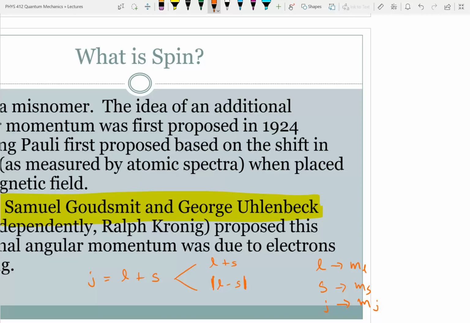Somebody says, well, you take quantum mechanics, you understand how angular momentum works. You have J and you have M sub J, and you'd be like, no, the M sub J is talking about the orientation of the total angular momentum that's calculated by taking L plus S. And those Clebsch-Gordan coefficients, it works the same whether you're doing L's, S's, or J's.